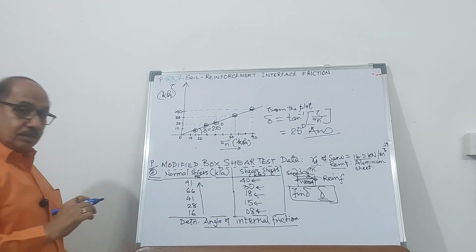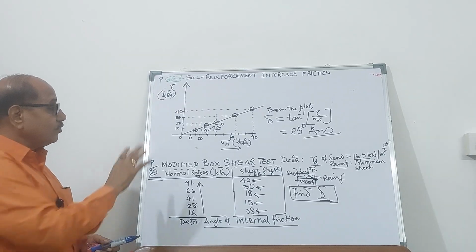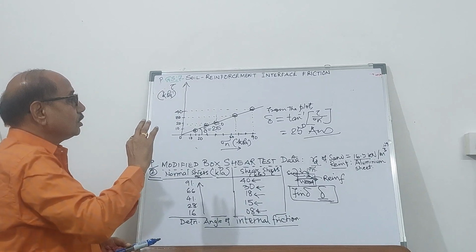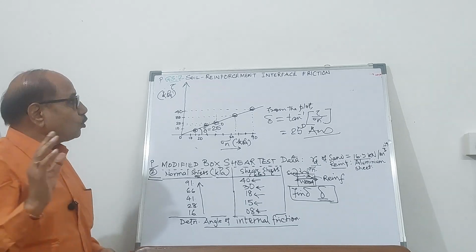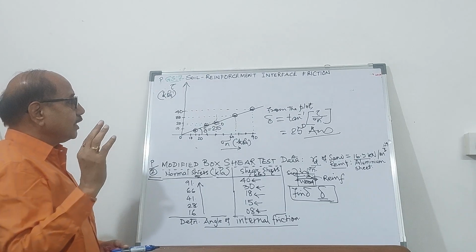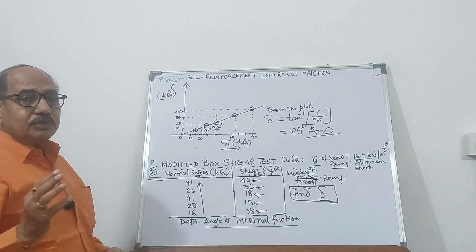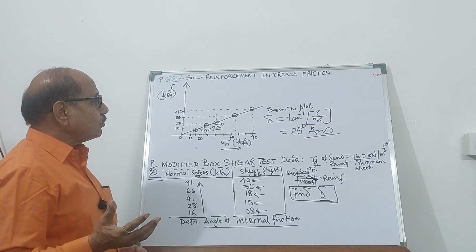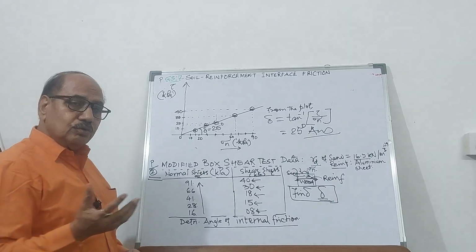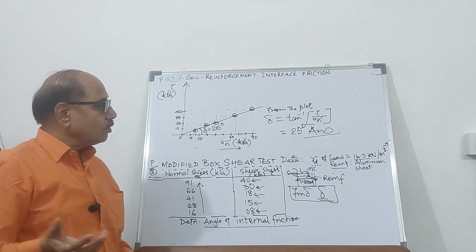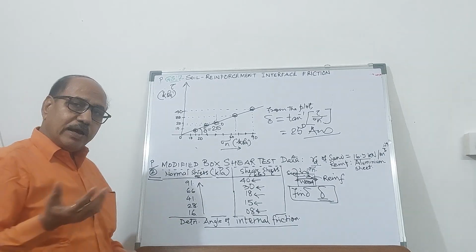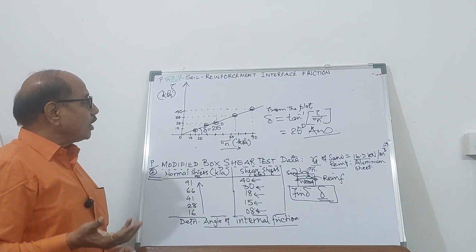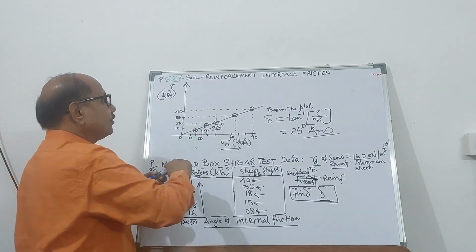So that's the answer. So friends, with these two problems, you are exposed to the nature of problems and how you carry out the test in the laboratory, whether you carry out a pull-out test or a modified box shear test, to find out the interface friction.